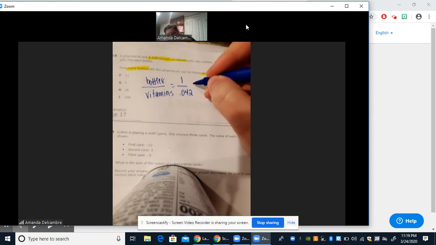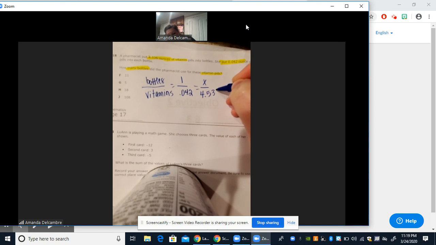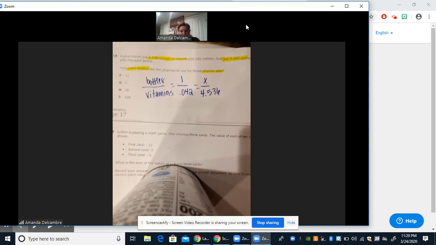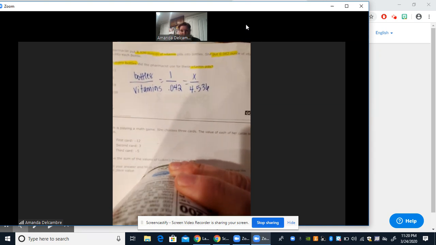But we need to figure out how many bottles 4 and 536 thousandths is going to be. We can do this 2 ways. We can cross multiply and divide. Or since when we set up a proportion, if we have our numbers side by side, we divide. So we need to figure out how much of this can go into there. So I'm going to slide this over. So I'm going to set up my division problem.